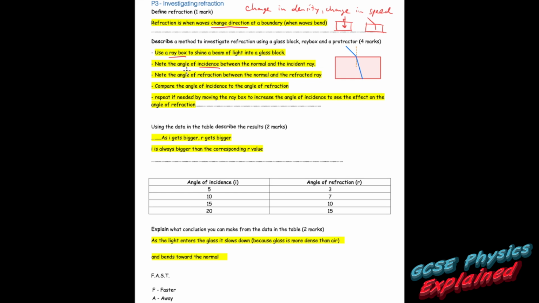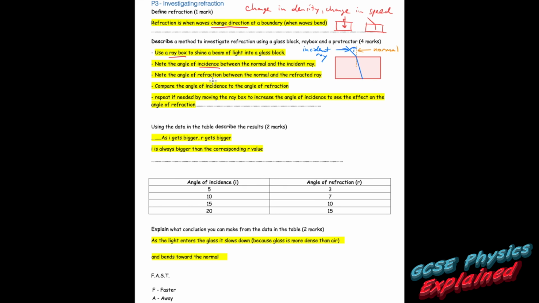So where I've said here, note the angle of incidence between the normal and the incident ray, that angle would be there. So this is the incident ray. And this is the normal.